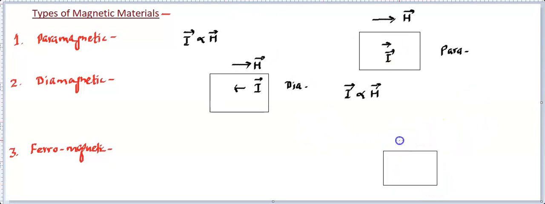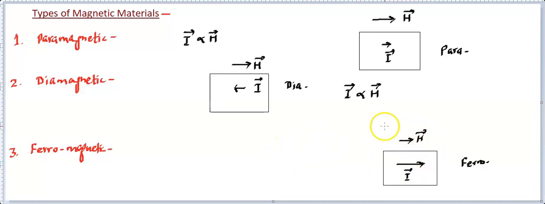When we apply the external magnetic field, a strong magnetization takes place, sometimes even more than the field that you applied. If there is a strong magnetization in the direction of the applied field, we call such material a ferromagnetic material. So here I is in the same direction as H.